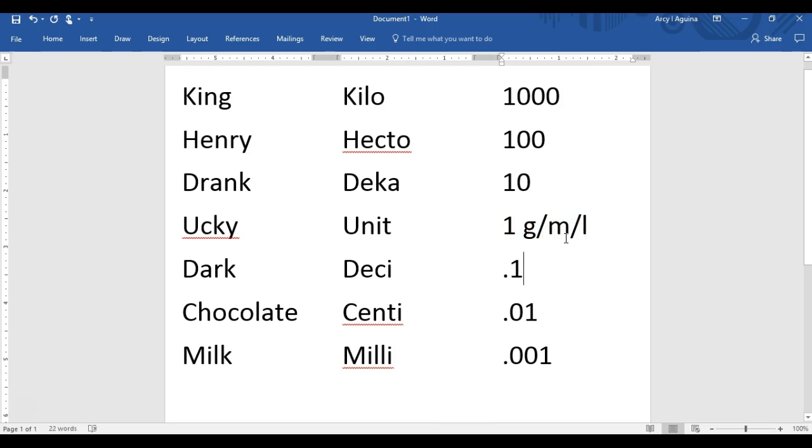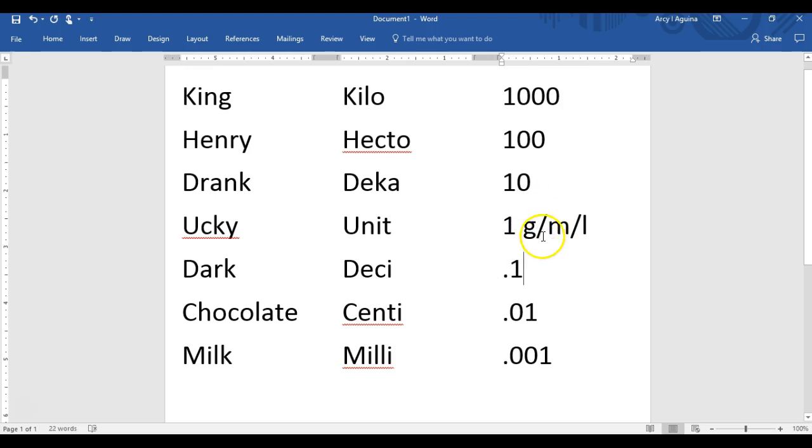The unit conversion works this way. If you're looking for how many grams are in decigrams, you can't really do that. Grams are bigger than decigrams. Decigrams are 0.1 and grams are 1, way, way bigger. But the way you can translate that is 1 decigram is equal to 0.1 grams.